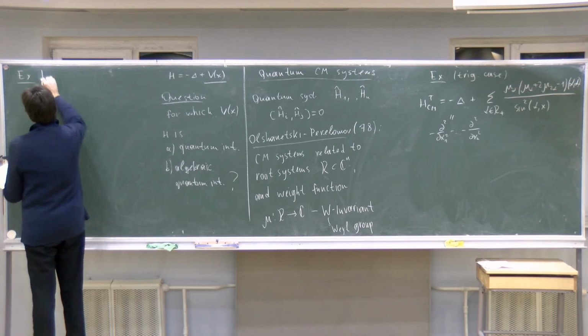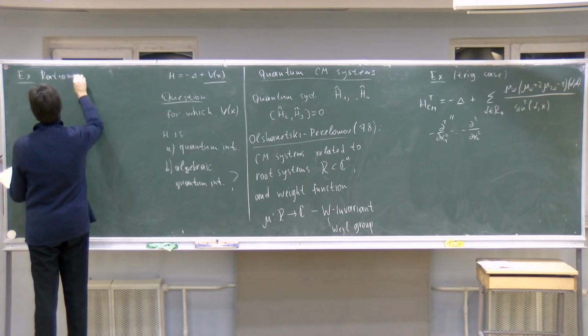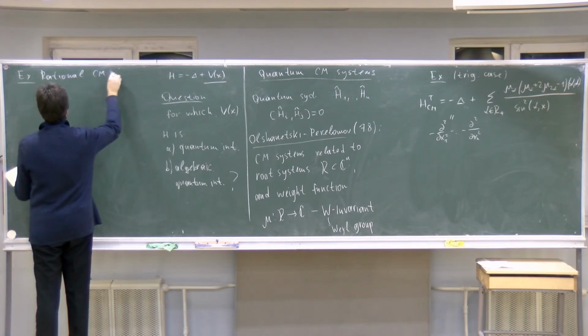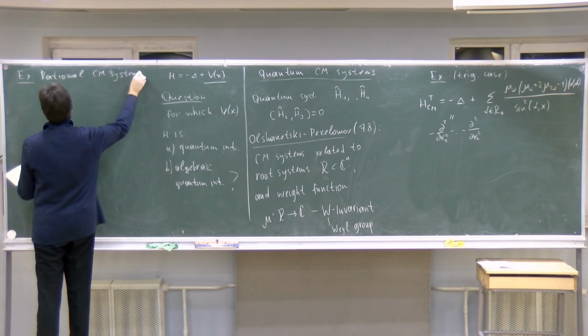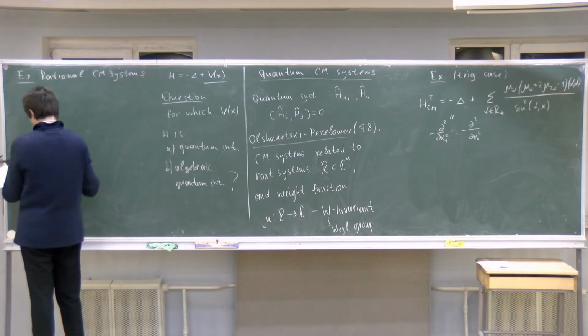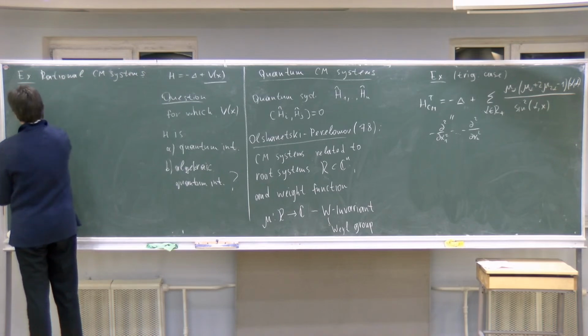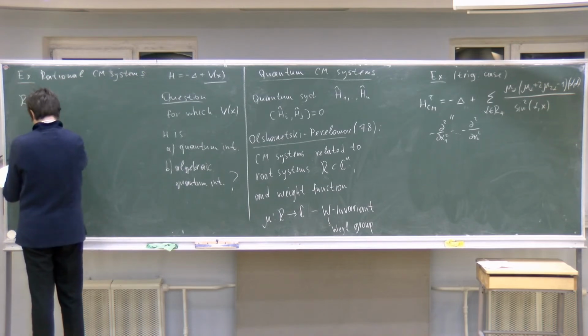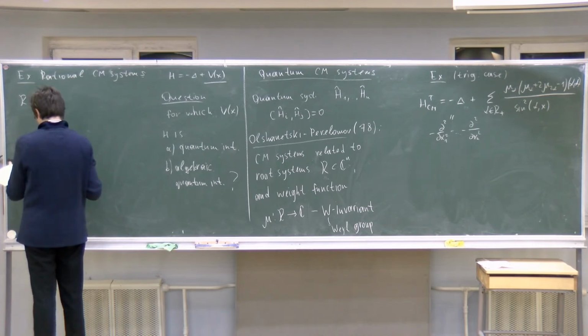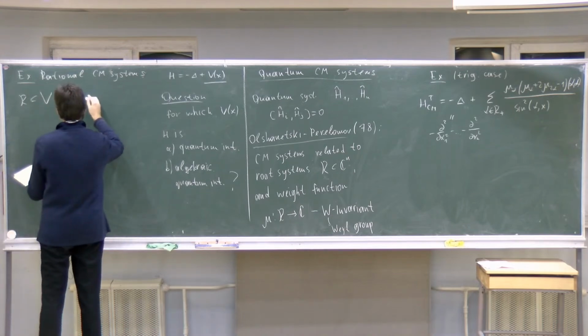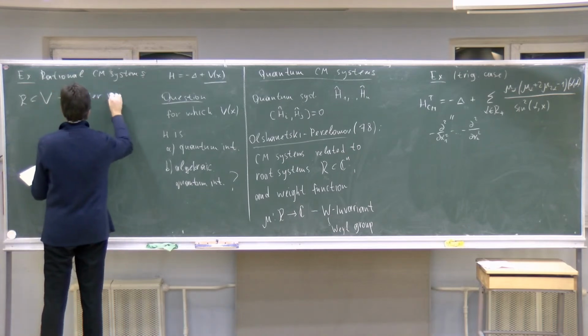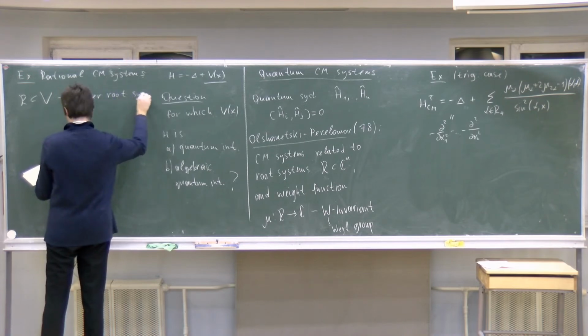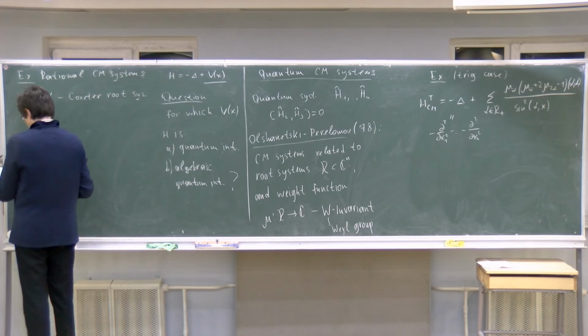The second example is the rational Calogero-Moser systems. Again, we take a root system. Let's assume that we take any Coxeter root system. The first is trigonometric and the second is rational.